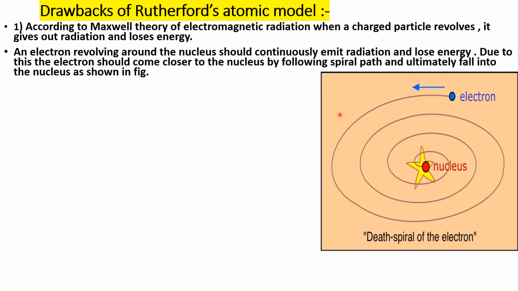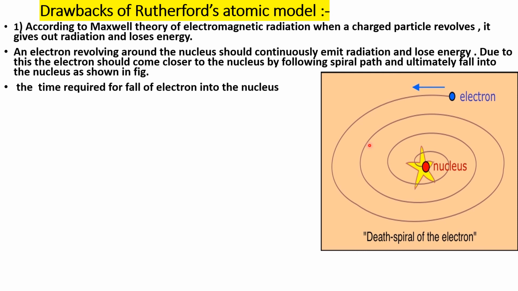This diagram shows the electrons revolving around the nucleus, and as they move continuously, some energy is lost. At one point they go directly into the nucleus and this spiral path completely disappears.